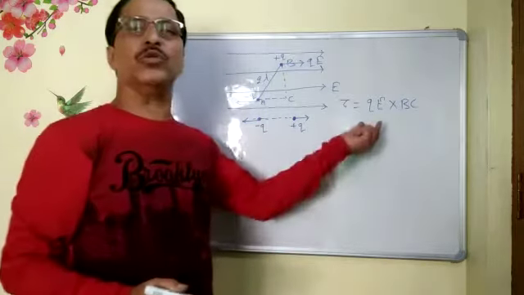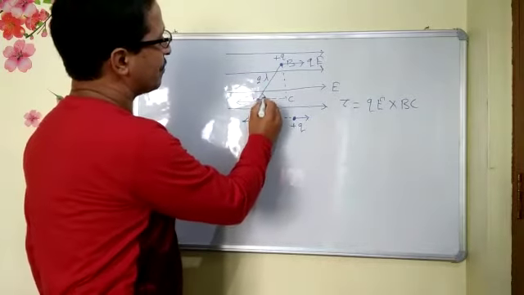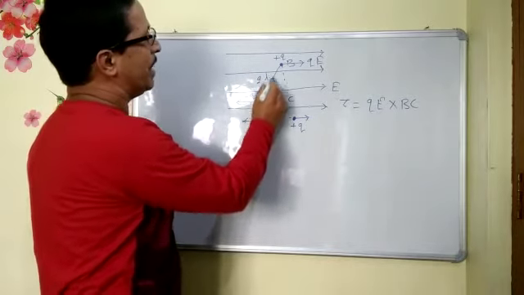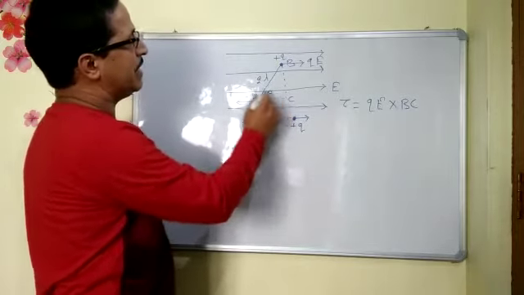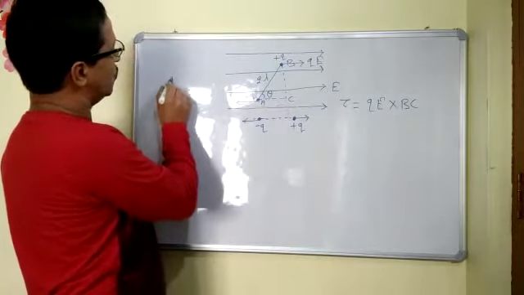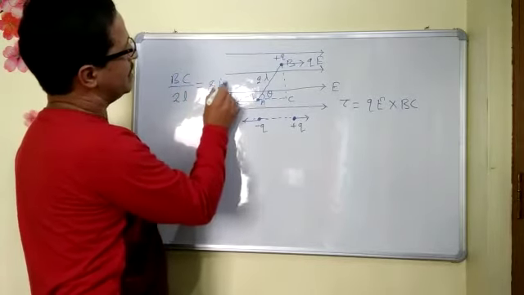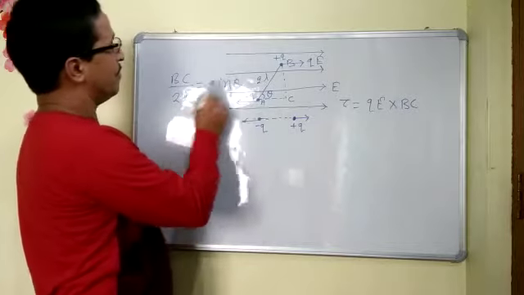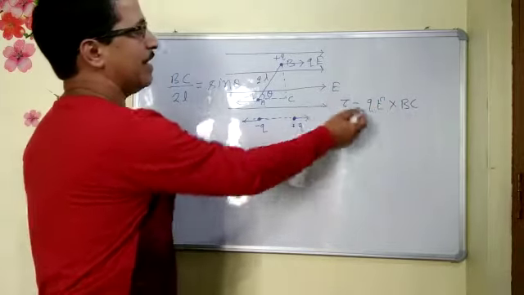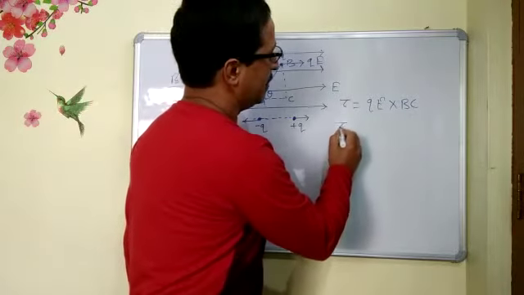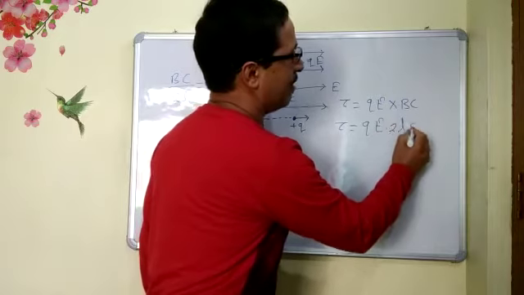So tau equal to QE into BC. From this diagram you can see that if the dipole makes angle theta with the electric field, then BC upon 2L is sin theta, so that BC is 2L sin theta. We will replace the value of BC by 2L sin theta in this expression, and we will get tau equal to Q into E into 2L sin theta.